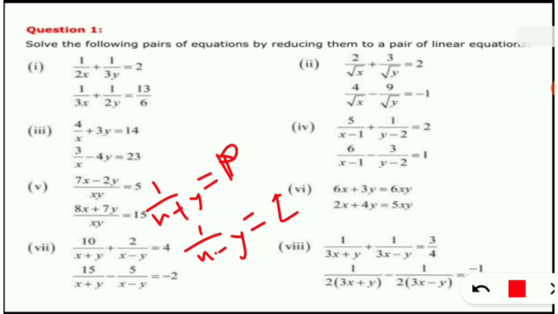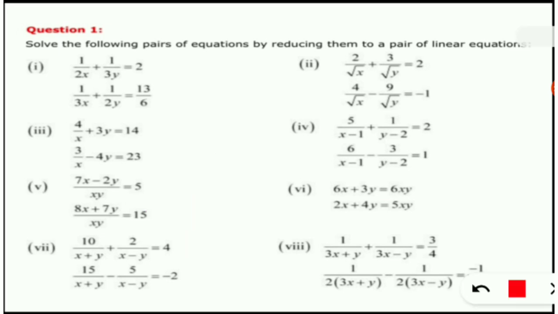That is, 1 by (3x plus y) plus 1 by (3x minus y) equals 3 by 4, and the other is 1 by 2 into (3x plus y) minus 1 by 2 into (3x minus y) equals 1 by 8. Clear?